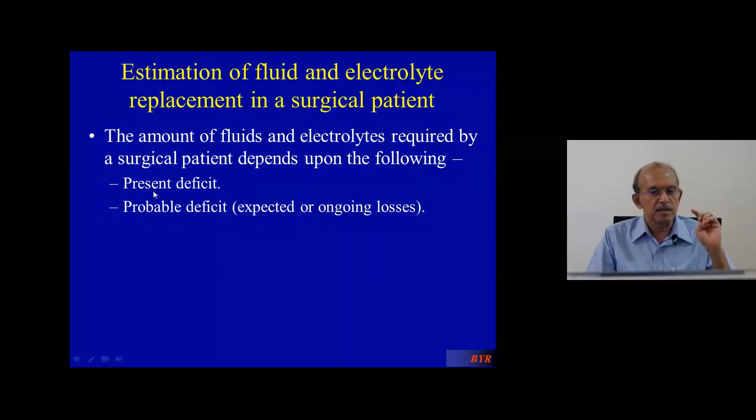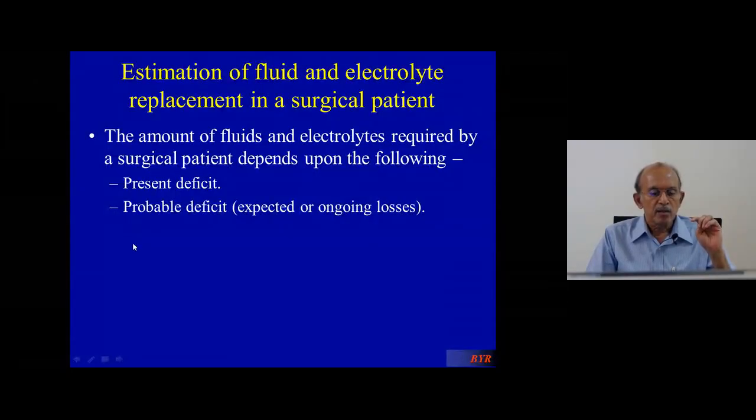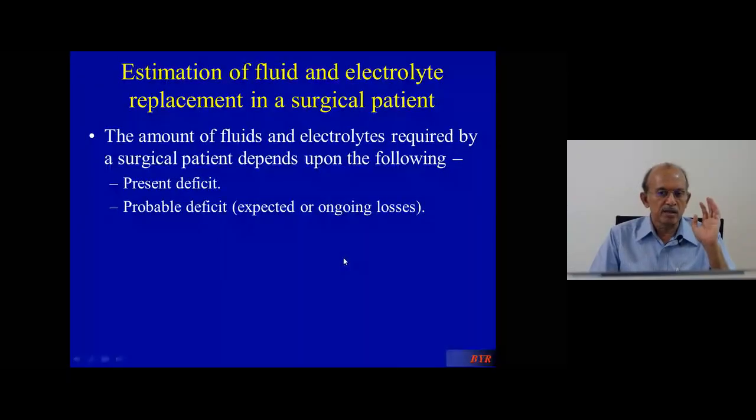That is present deficit. After admitting in the ward, the vomiting may not stop abruptly. He may have 2, 3 more vomitings. So for each vomiting, how much is he going to lose? So that is the expected or ongoing loss.